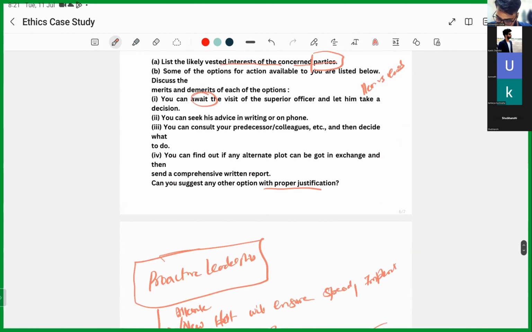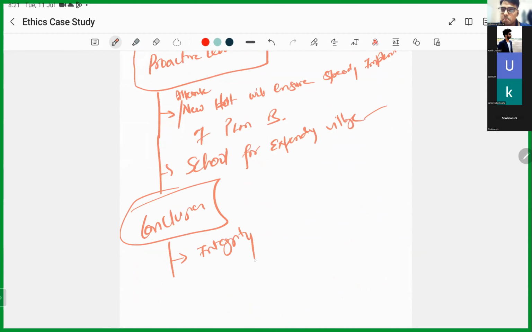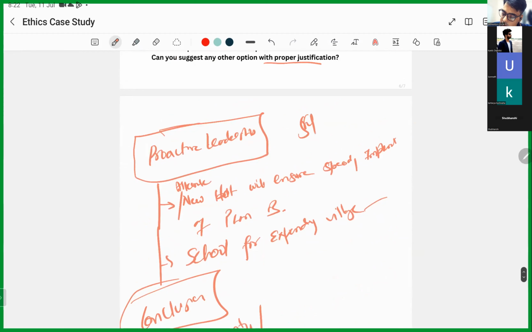Okay. When it comes to the conclusion, now what kind of conclusions I suggested? Either you can go for the integrity, because this case talks about the integrity of the present department head. Second, one more important point, when you reach your superiors, you are actually following hierarchy, then you can mention it in the merits.